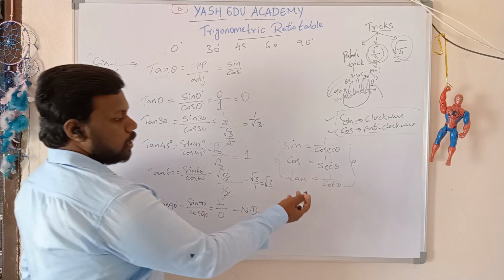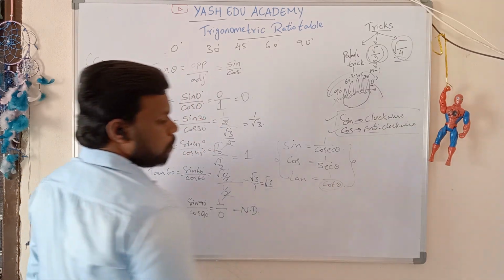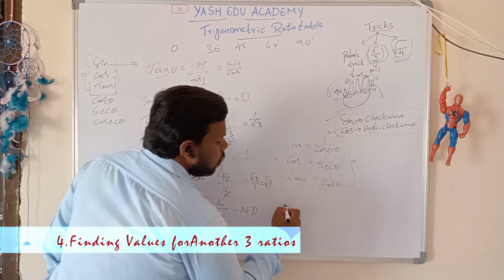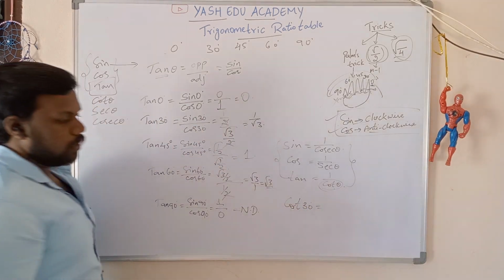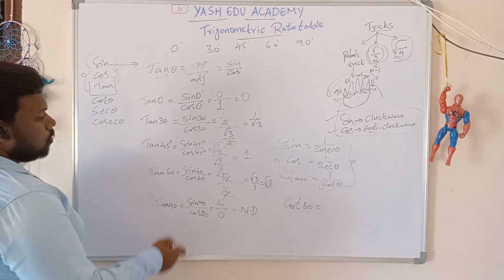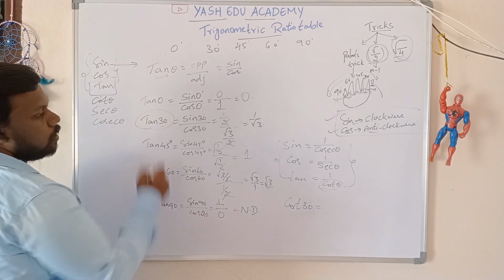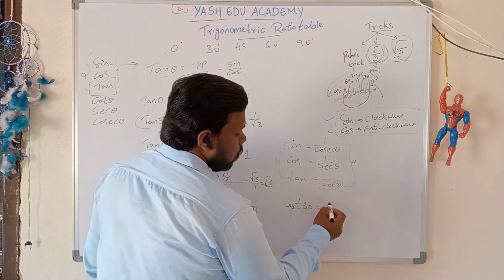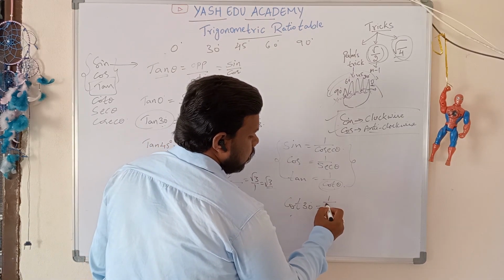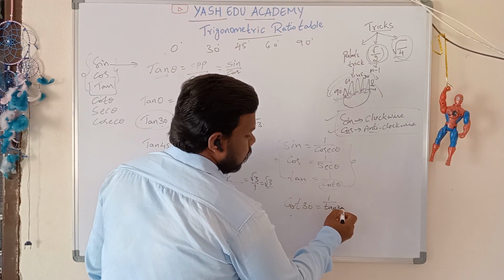For example, let us take cot. Let us find the value of cot 30. Here, what is the tan 30 value? 1 by root 3. So what is cot 30? 1 by tan 30.